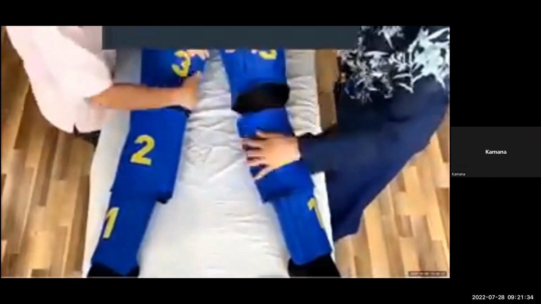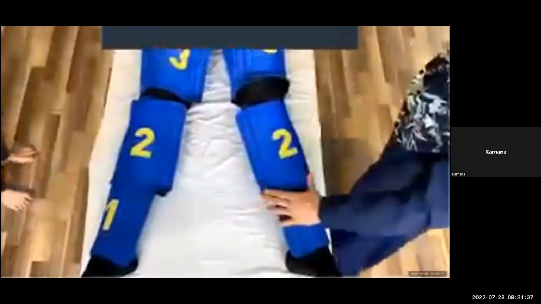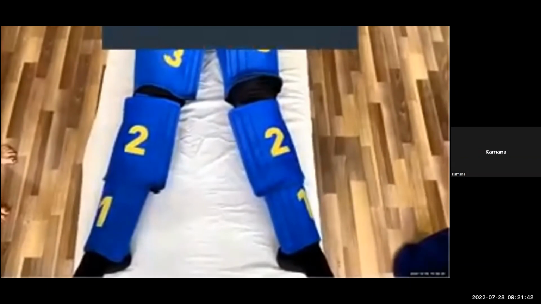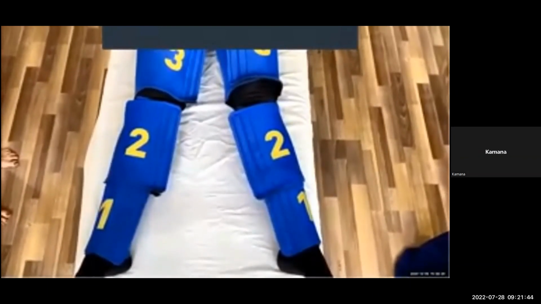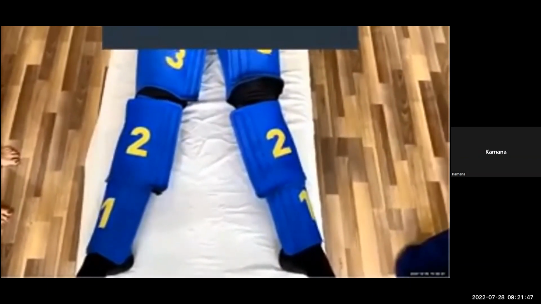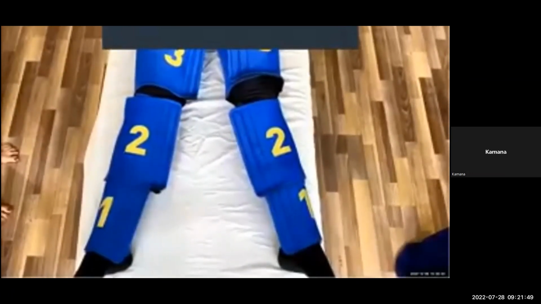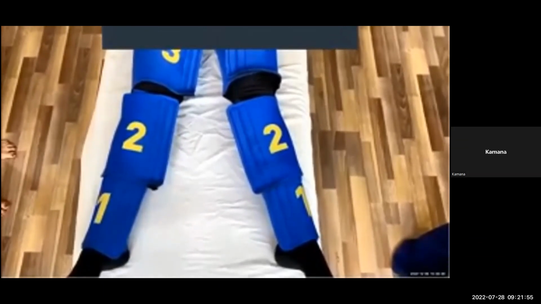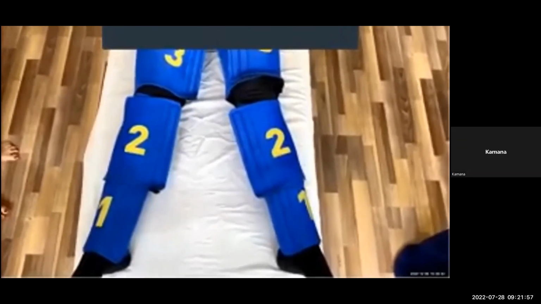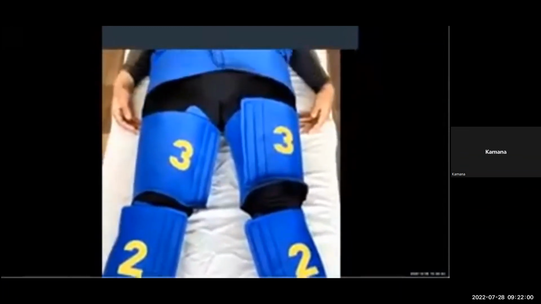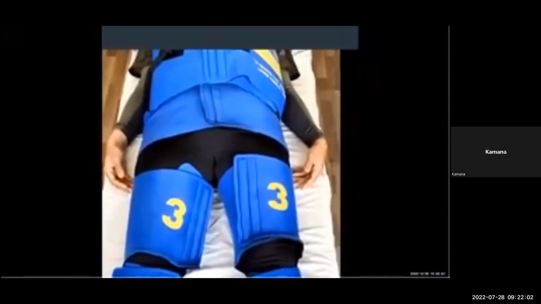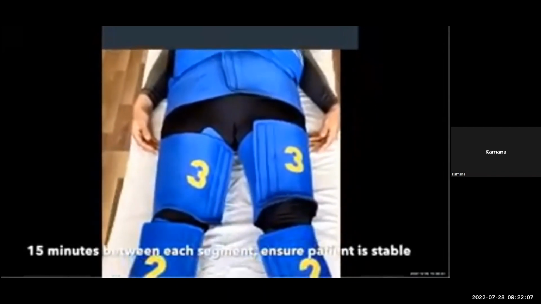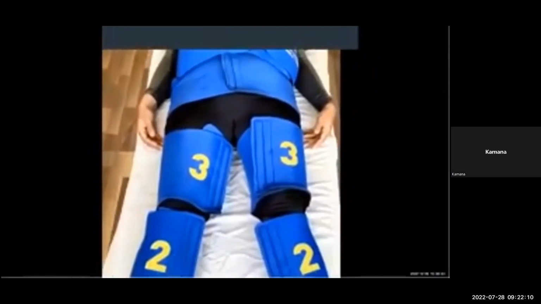This is to demonstrate a deterioration in the condition of the patient, and whereby the NASG is then reapplied. Assuming that the patient is stable, we should then repeat the steps of removing 1, 2, 3, 4, 5, and 6, pausing for 15 minutes in between each segment, checking that the patient is stable.